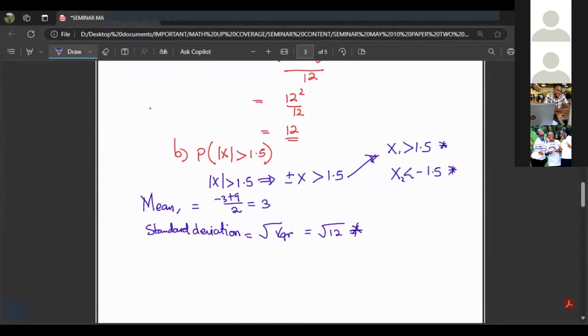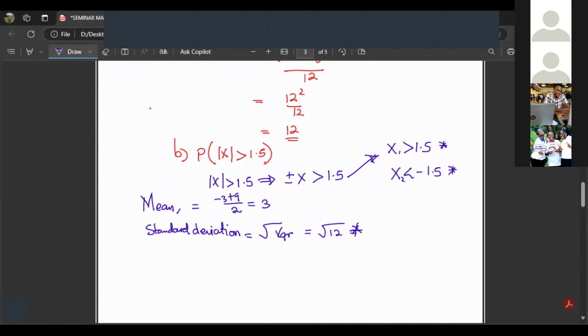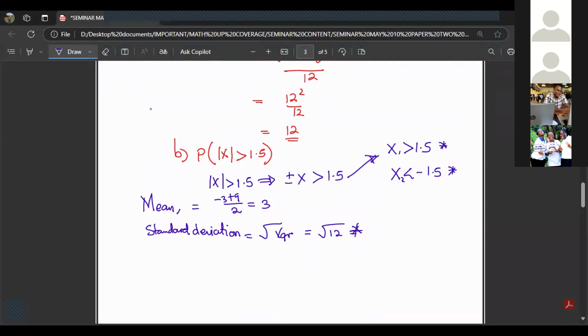That would mean that we have to find the mean and the standard deviation. The standard deviation is the square root of the variance. And for the mean, we sum up the limits and divide them by 2. So we have obtained our mean and our standard deviation, and that's what we're going to use to standardize x1 and x2. We'll standardize 1.5 and negative 1.5.